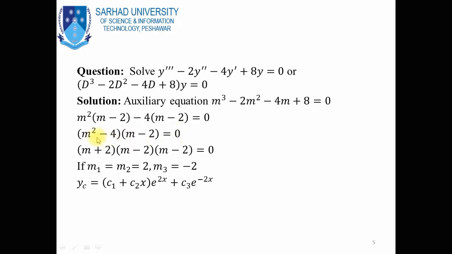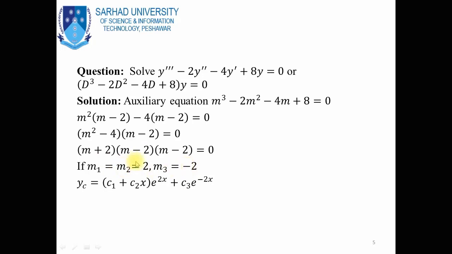So again by using the formula a^2 minus b^2, we can write (m plus 2)(m minus 2)(m minus 2) is equal to 0. We keep this factor as it is, and applying the formula a^2 minus b^2 for this factor, m^2 minus 4 can be written as (m plus 2)(m minus 2). So we obtain three roots: m1 and m2 are equal to 2, and m3 is equal to minus 2.